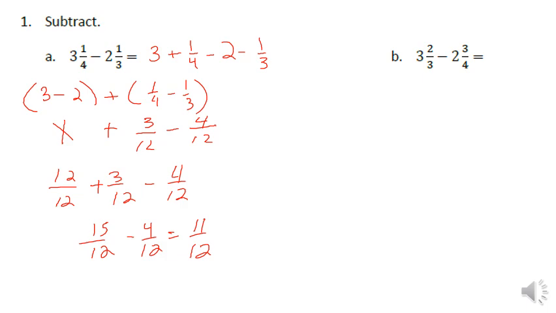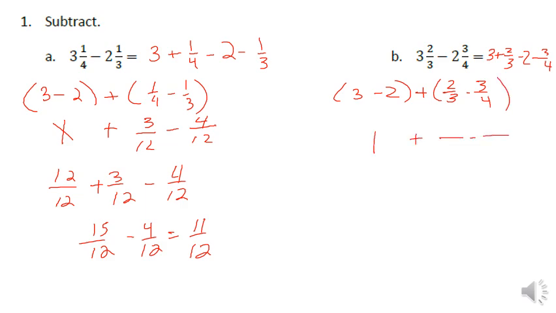On the next one, we have 3 plus 2/3 minus 2 minus 3/4. When we regroup it, we're going to go 3 minus 2 plus 2/3 minus 3/4. So we end up with 1 plus, and now we're going to do our equivalent fractions.